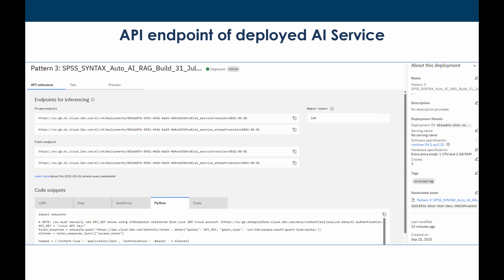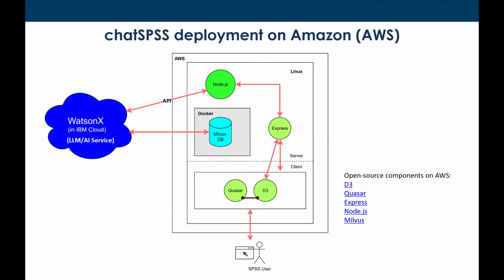And literally, once the code is created, and we haven't seen much code so far, then we typically use one of those endpoints that you see in front of you, depending on how we want to make the deployment. So this slide shows how we've deployed Chat SPSS, and we've used a fair amount of code in here. We've gone a JavaScript direction, largely because we do a lot of JavaScript work.